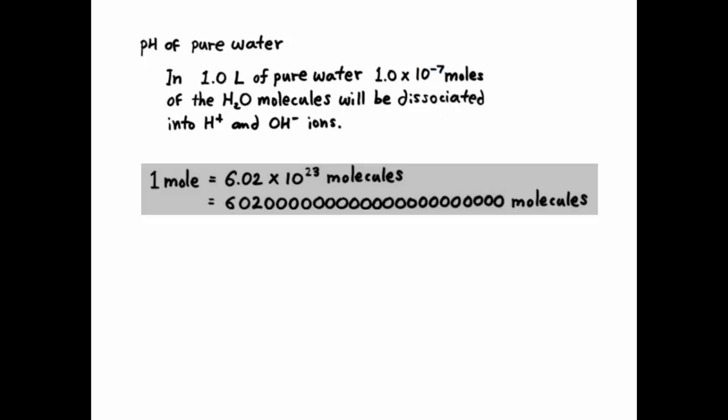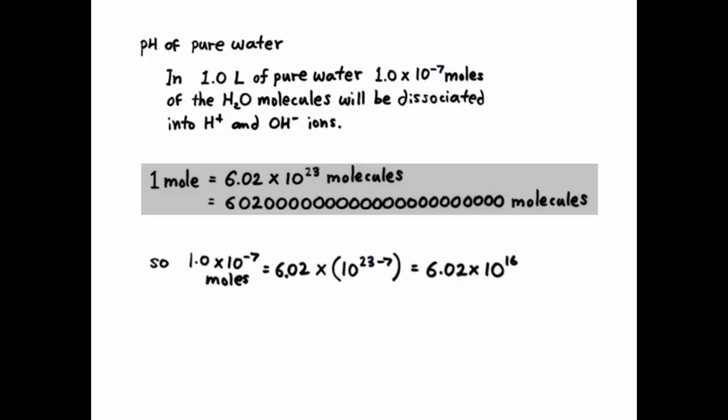It's not practical to write this number over and over again as we're doing chemistry calculations. So instead, we use the scientific notation, 6.02 times 10 to the 23rd, in a reaction. So 1.0 times 10 to the minus 7 moles is actually equal to 6.02 times 10 to the 16th molecules or ions.